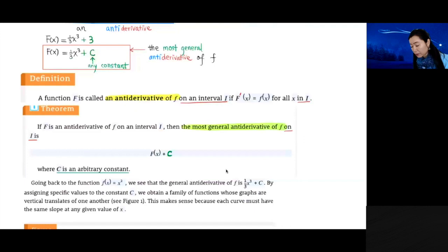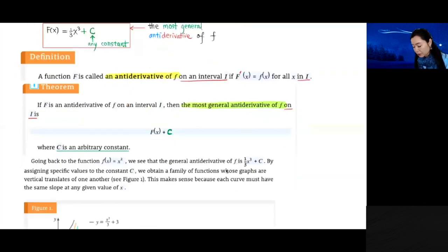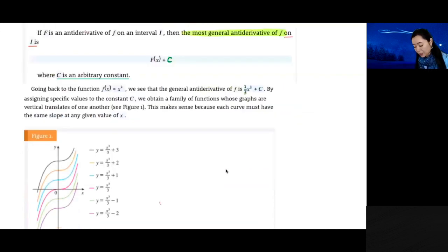A formal definition is this: a function, let's call it big F, is called an antiderivative of the function small f on an interval if the derivative of big F equals small f for all x in that interval. The most general antiderivative on that interval is big F of x plus any constant c, where c is an arbitrary constant.